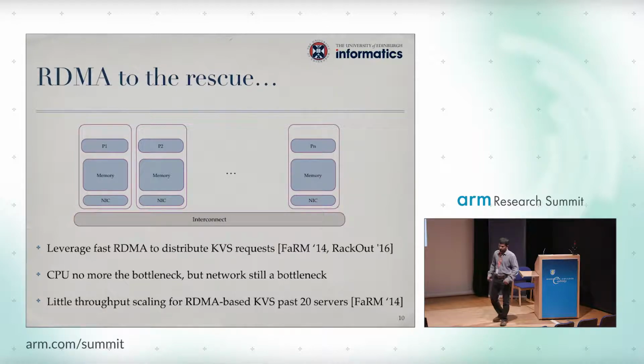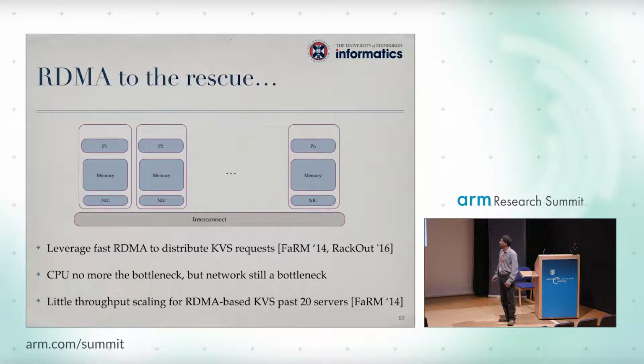So in order to mitigate this problem, the recent advent of RDMA helps, because you can leverage the RDMA protocol to essentially distribute these remote requests across these nodes, right?